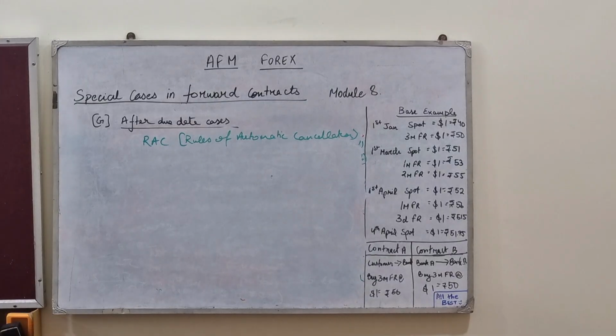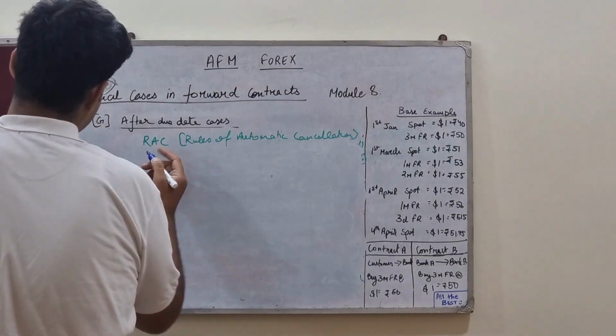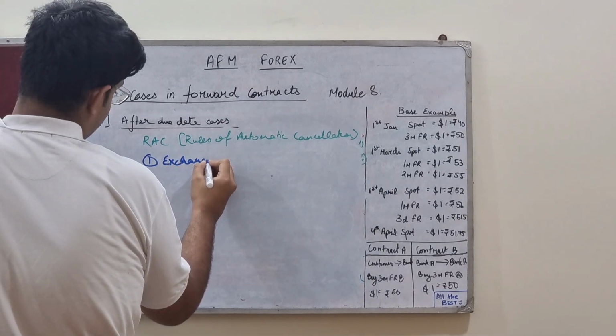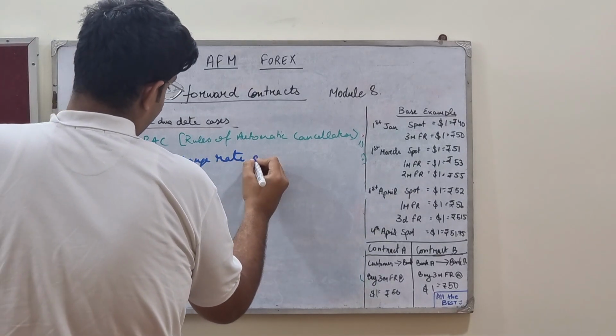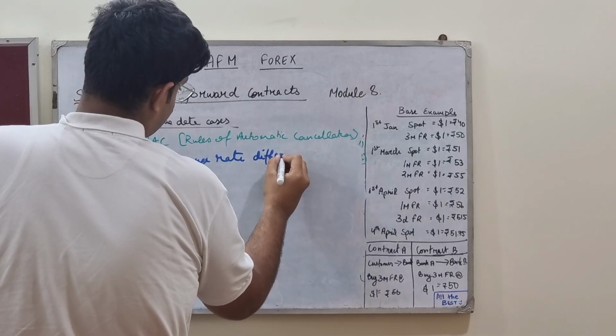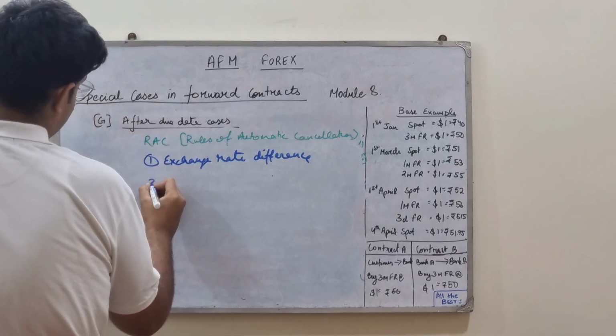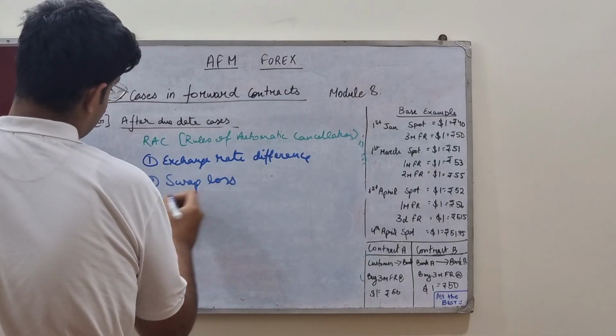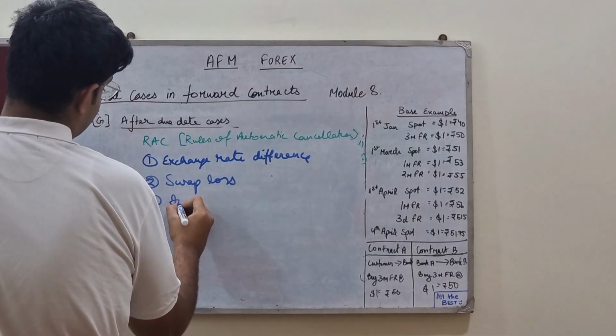Rules of automatic cancellation outlines three steps to be followed. First one is exchange rate difference. Second is swap loss. Third is interest.